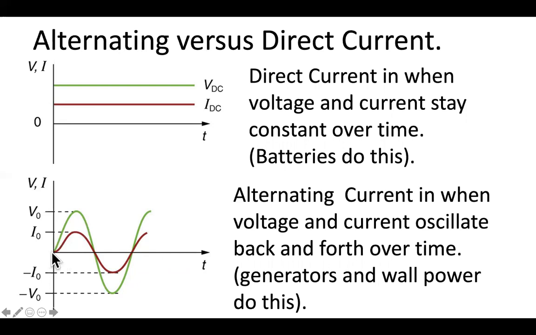So at the start, there's no voltage and no current. Then the voltage goes up, then it comes back down, becomes negative, then goes positive again. And it just repeats this over and over and over. And the current goes a similar way. The shapes of these curves are sines and cosine functions. And this is just the basic properties of what's typically called alternating current.